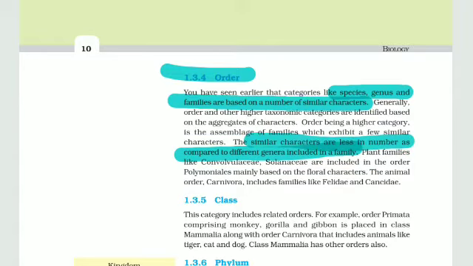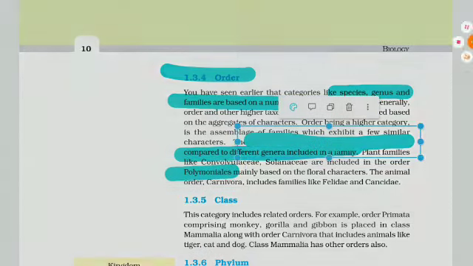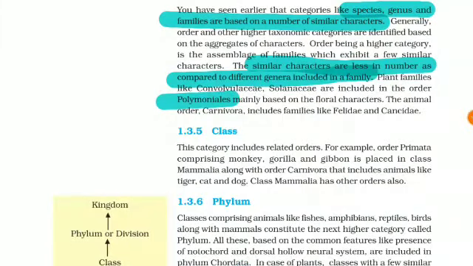So if you take an example of plant families like Convolvulaceae and Solanaceae, they are included in the order Polemoniales. Polemoniales are a group of families having Convolvulaceae and Solanaceae.